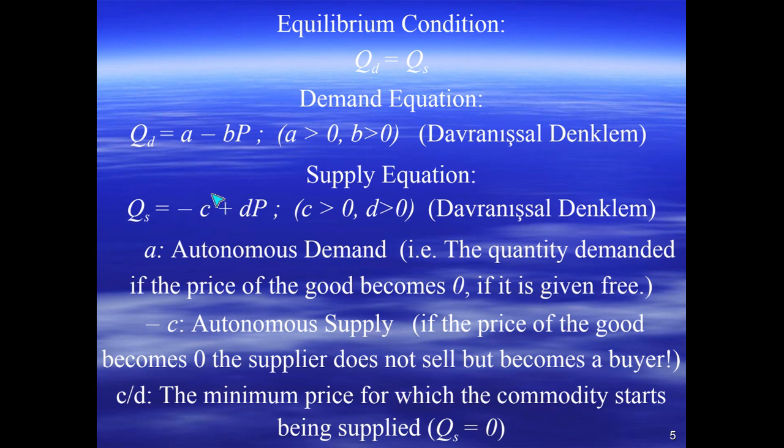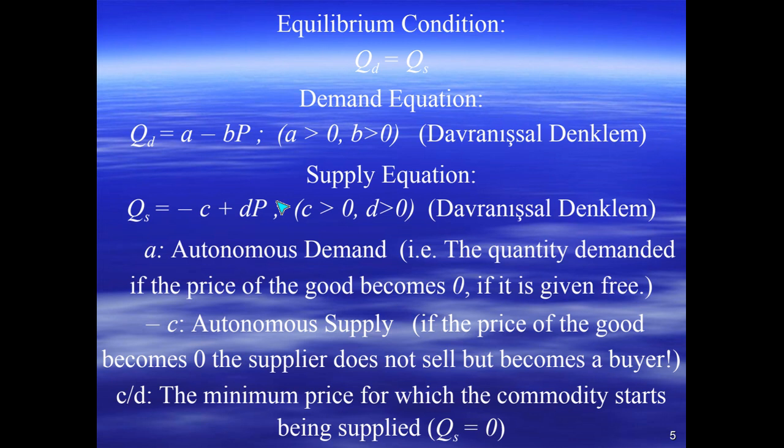He or she wants to buy. That's why this coefficient is negative. Minus C. C is positive, minus C is negative. The price should attain a certain level before the supplier wants to supply, to produce and to sell this good. Otherwise, he or she wouldn't sell this good, would buy rather, if the price is too low.